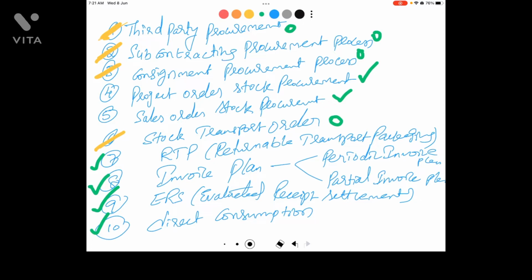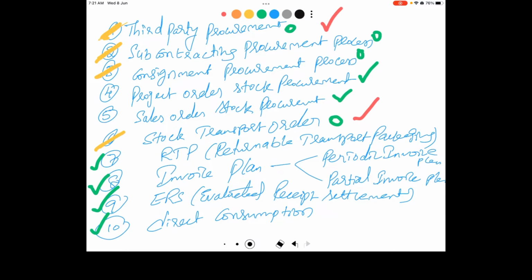Right? Yes. So I hope you know how many of these special stock procurement processes, at least 1, 2, 3, 4, 5. I thought maybe you are all aware of stock transport order, stock transfer, and third party procurement.